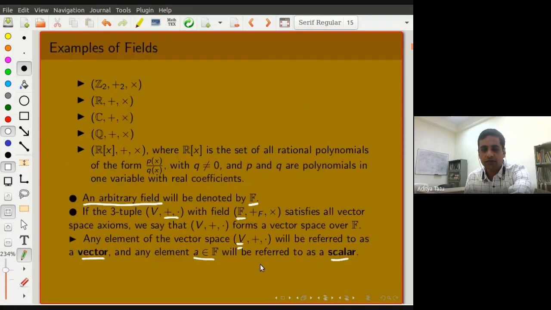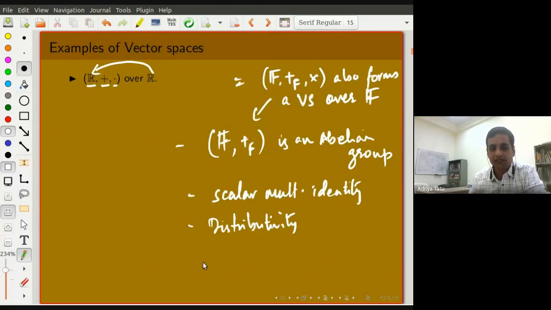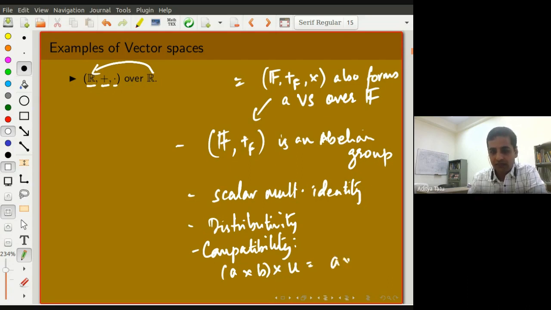As far as this example is concerned, compatibility is basically saying this: a cross (p cross u) is equal to (a cross p) cross u. And that comes by associativity of your field multiplication. Is that clear? Or do you want me to discuss this in more detail?